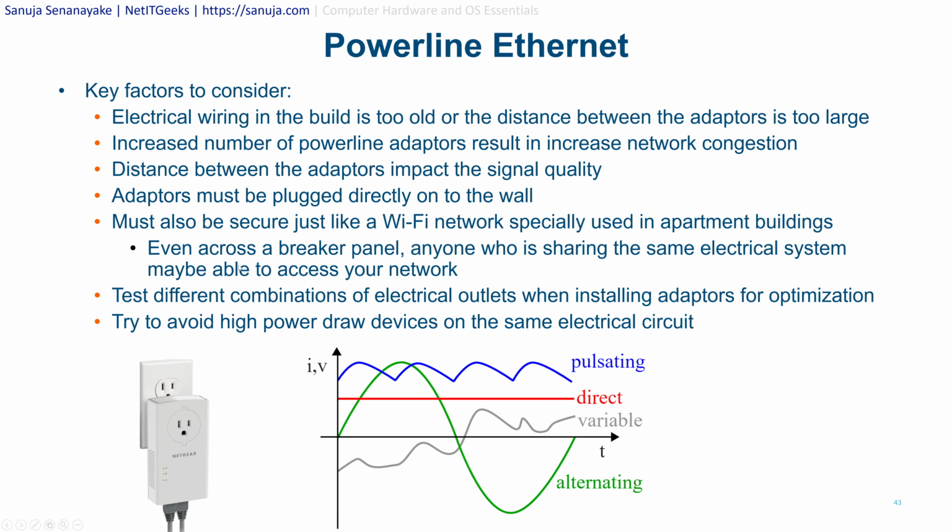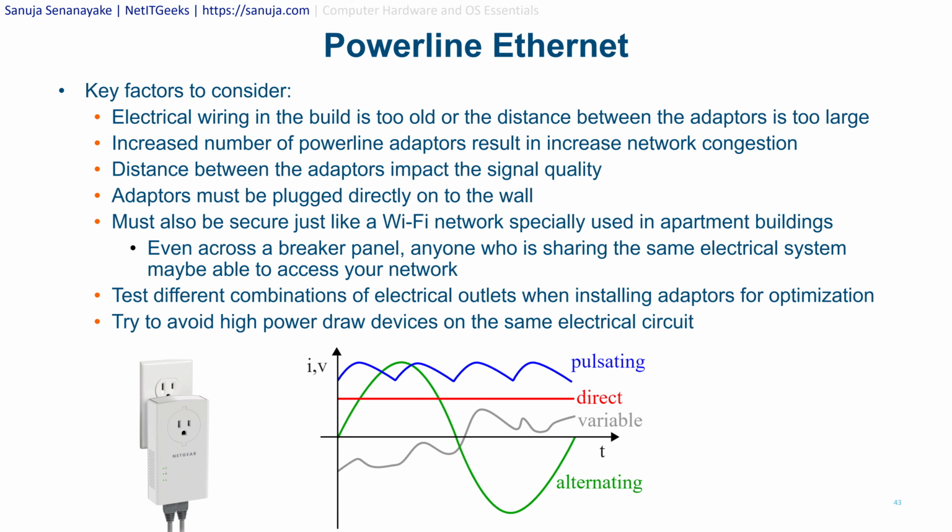And you need to secure this type of Powerline Ethernet connection just like a Wi-Fi network, especially when you use it in apartment buildings. So if you are using Powerline Ethernet in an apartment building, an apartment complex, it is more than important to just plug it in and do the basic configuration, but it is very, very important that you actually secure that just like a Wi-Fi network according to manufacturer specifications.